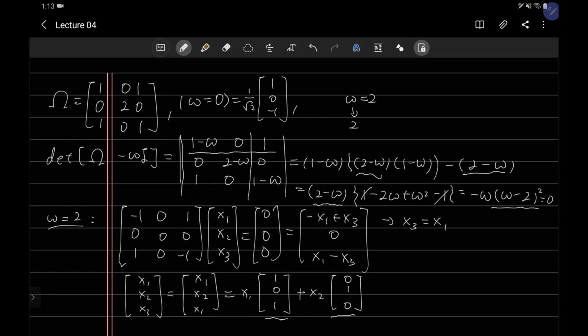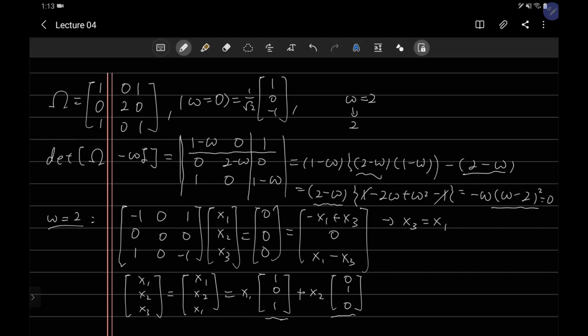Also, you should note that these vectors are always orthogonal to this one. The reason we get such orthogonality is not by accident, but it is actually required if our given matrix is a Hermitian operator.